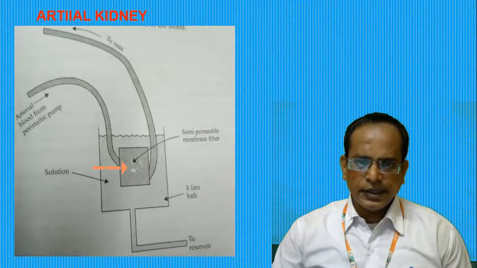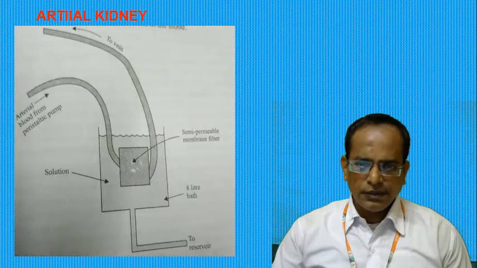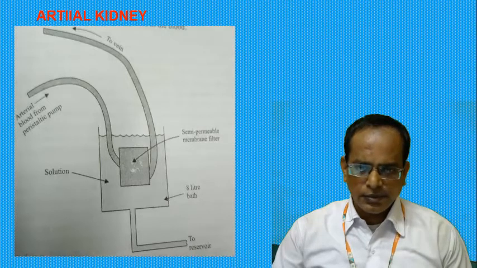Any unwanted or excess minerals are removed by the semi-permeable membrane, which removes the unwanted and toxic material from the blood using the osmosis method. These waste products come out towards the drain.